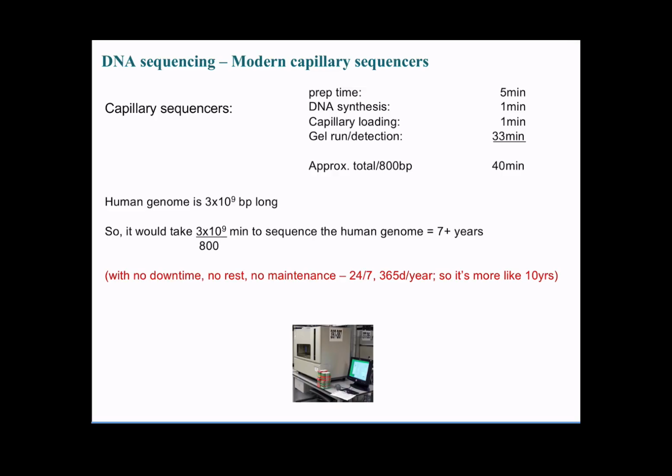The human genome, as I said just now, is 3 times 10 to the 9 base pairs long. So if you divide the total length of the human genome by what you can get in each reaction and you multiply that by 40 minutes, it would take you approximately 7 years to sequence the human genome.